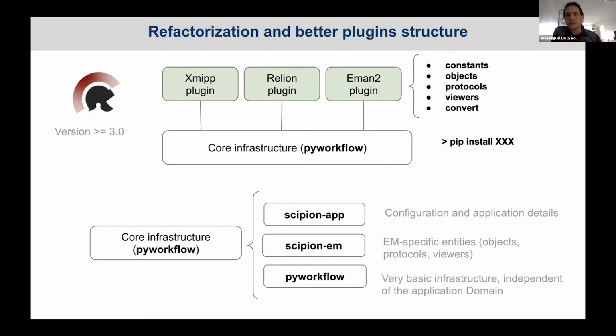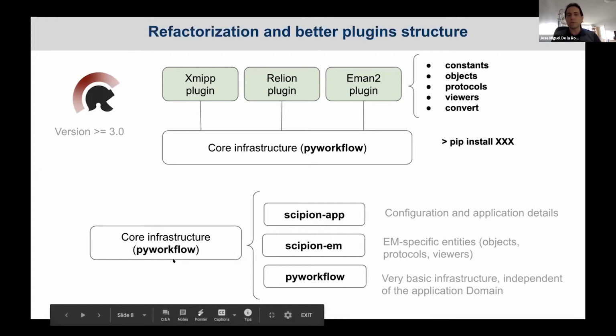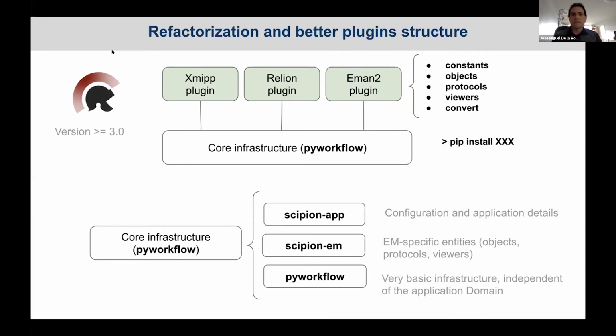So in this new version, we focused on refactoring this. We tried to modularize this even further. We said, okay, everything that is here in PyWorkflow is not related to Cryo-EM. So there is a part of this that is independent of the Cryo-EM field.